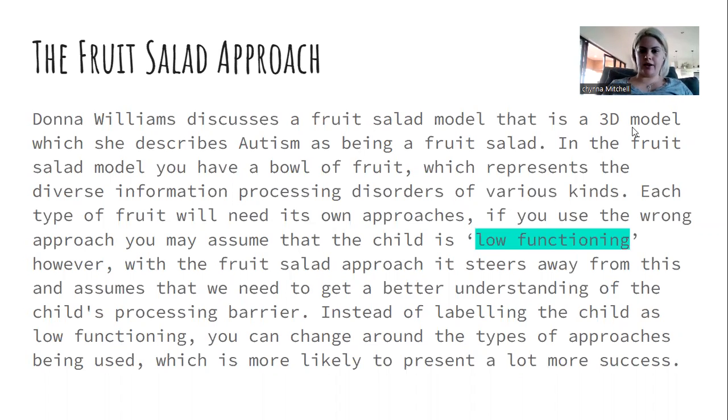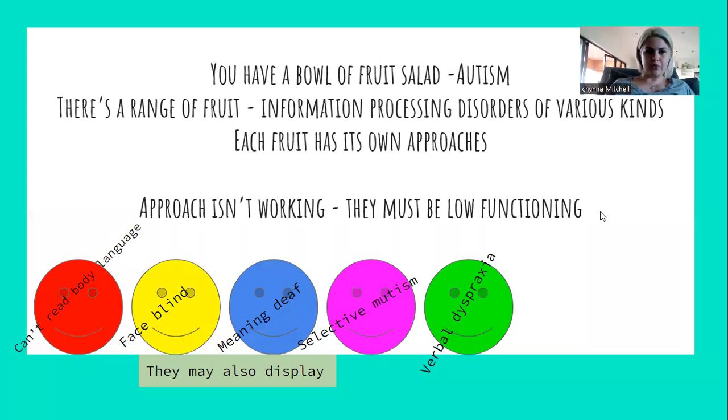So let's have a look here. You have a bowl of fruit, which is the fruit salad, which is the autism. Then there's a range of fruits, so apples, bananas, pears, and these are all the different types of processing disorders. And then each little piece of fruit has its own approaches. If the approach isn't working, then people say they're low functioning, but that's not necessarily the case.